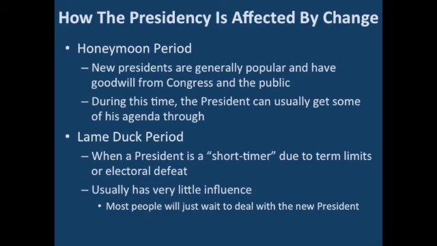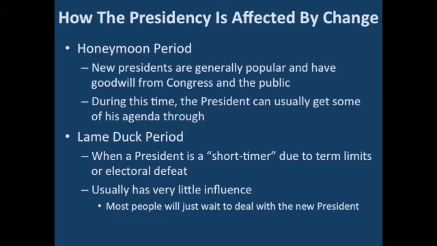And so that's called a honeymoon period. During that time, the president can usually get at least some of what he wants to get done before he does something that begins to cause his approval ratings to dip and create a bad relationship with Congress.